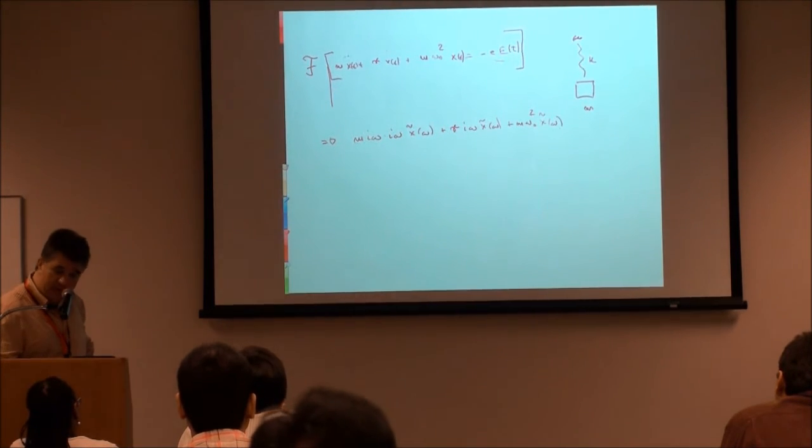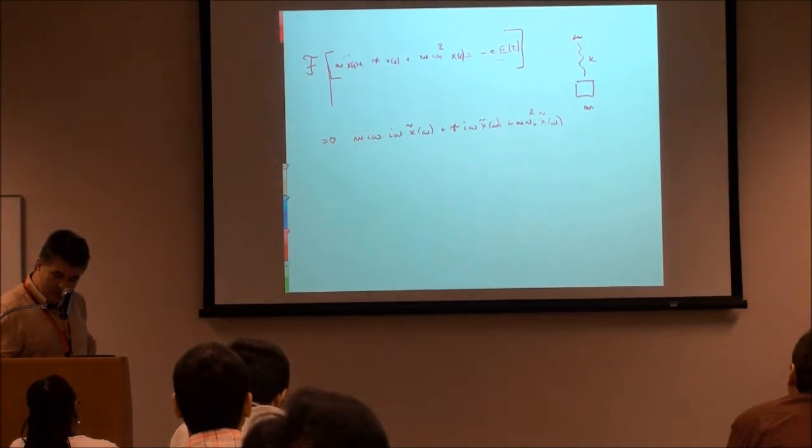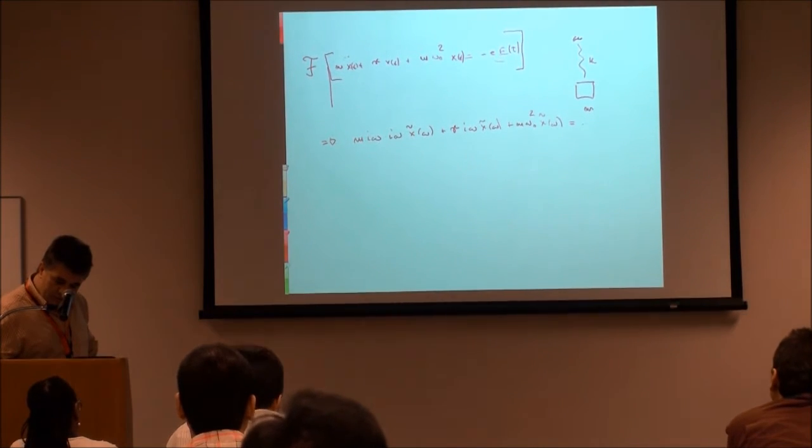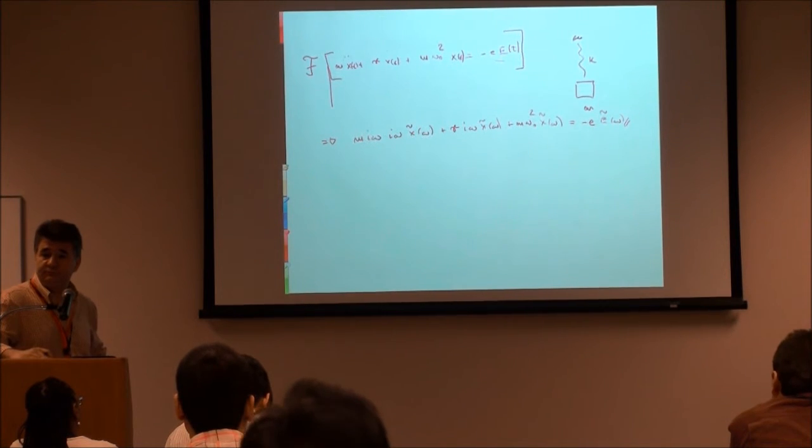So there is nothing going on here, it's just the Fourier transform of x. The rest is a constant, right? These are constant. Equals minus e is a constant, E of omega. So basically, the Fourier transform of my input.